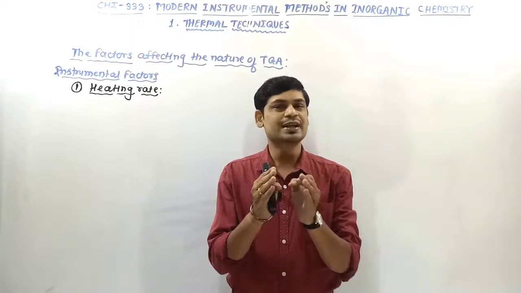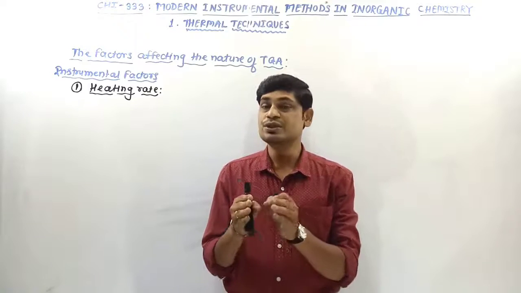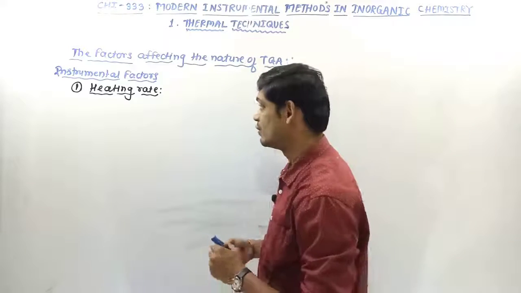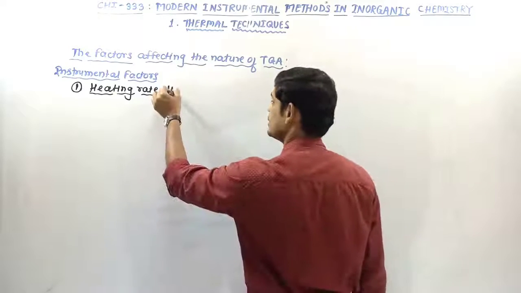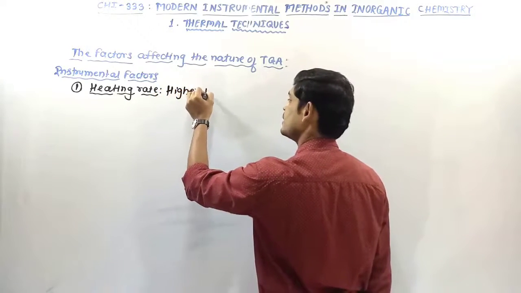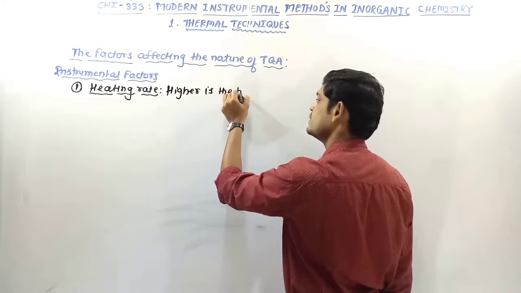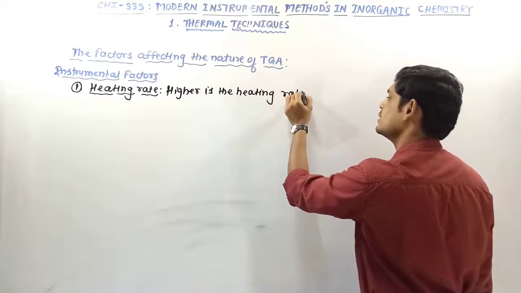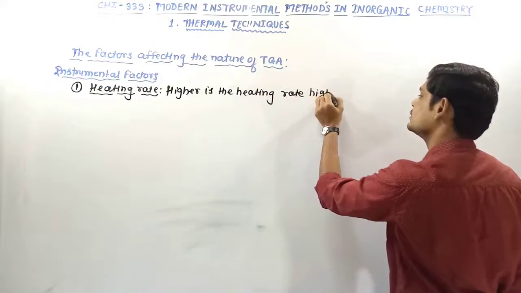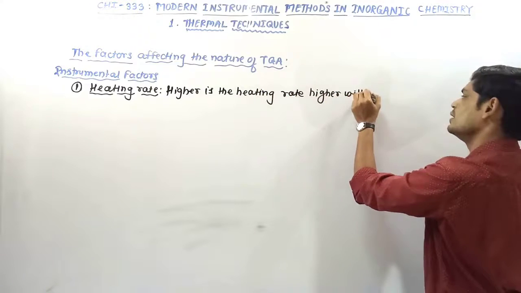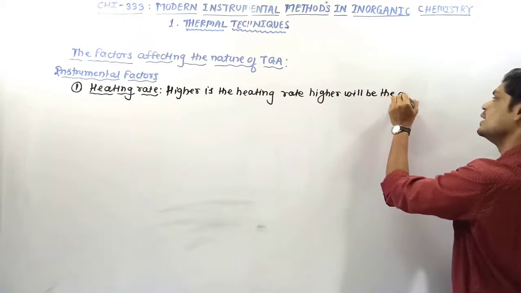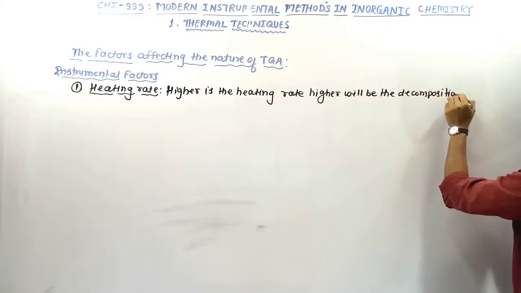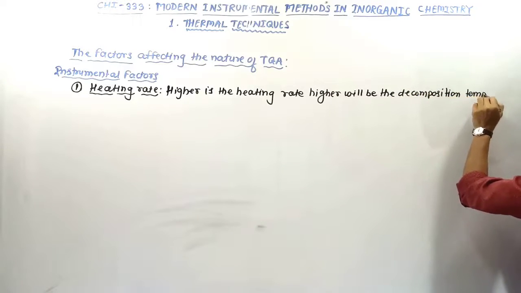So if the heating rate is higher, the decomposition will take place at a higher temperature. Higher is the heating rate, higher will be the decomposition temperature.